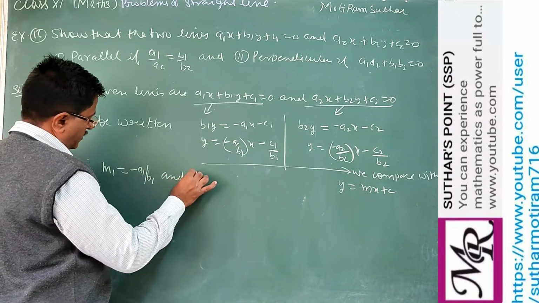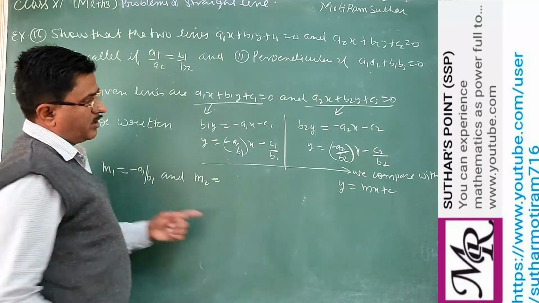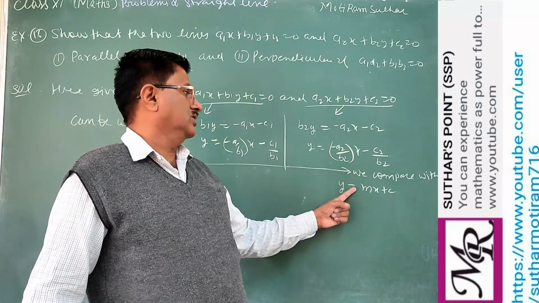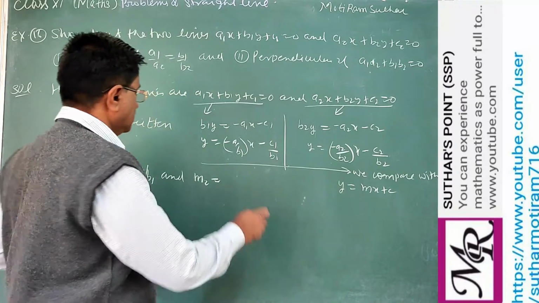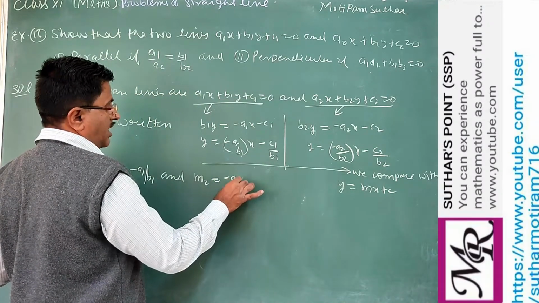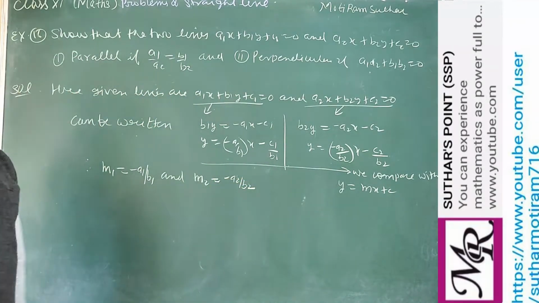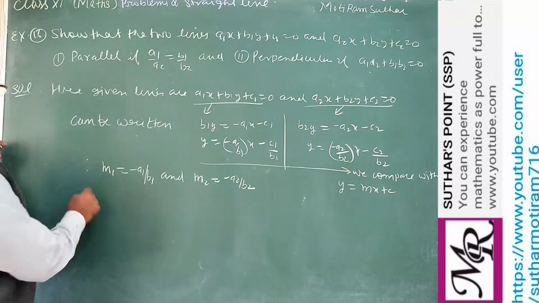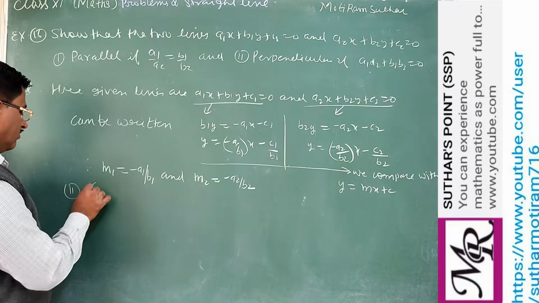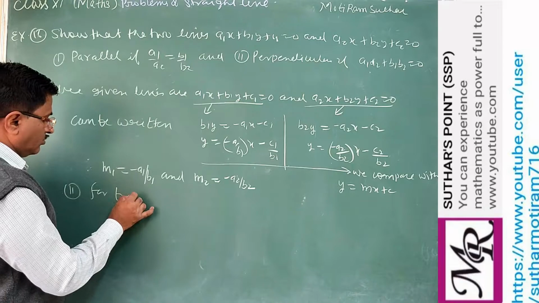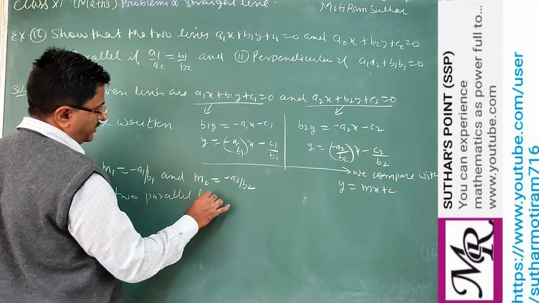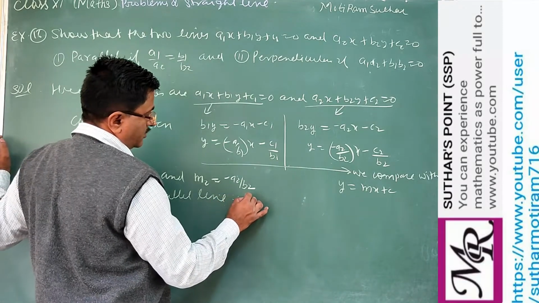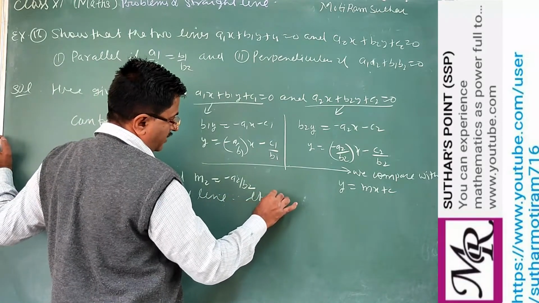And for the slope of the second line, compare this line with this. The coefficient of x is the slope. Here the coefficient of x is -a2/b2. Now we know the condition for two parallel lines: their slopes are equal.